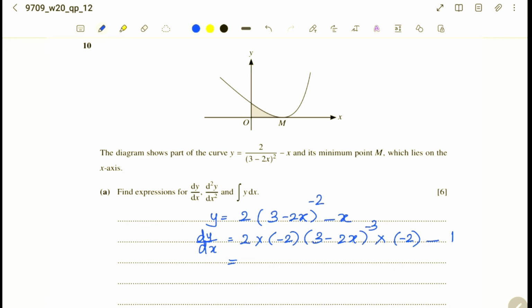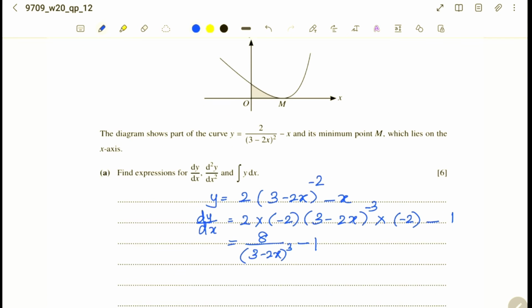So this can be rearranged: 2 multiplied by negative 2 multiplied by negative 2, so 8 divided by 3 minus 2x the whole power 3, minus 1. This is dy by dx.